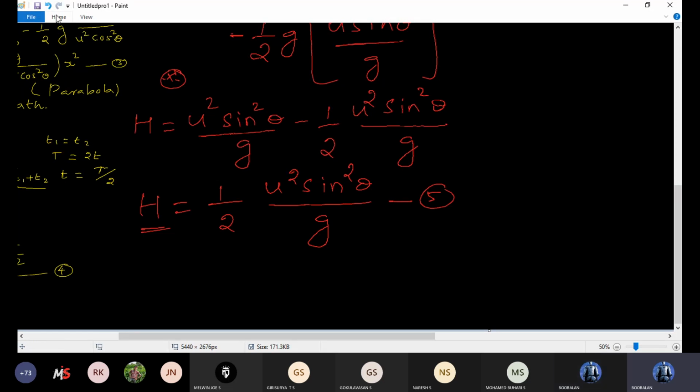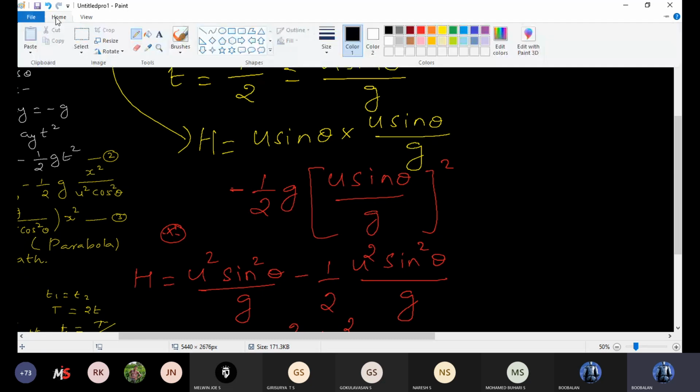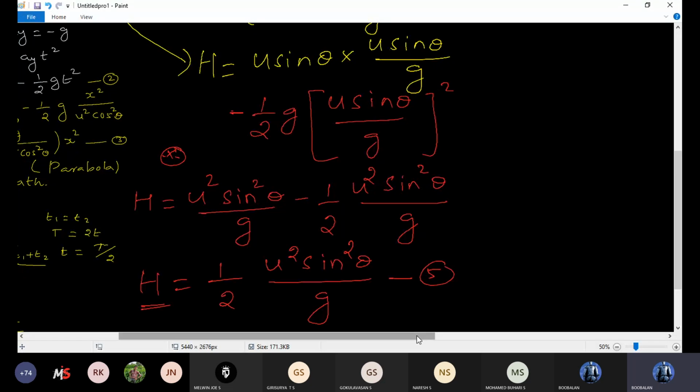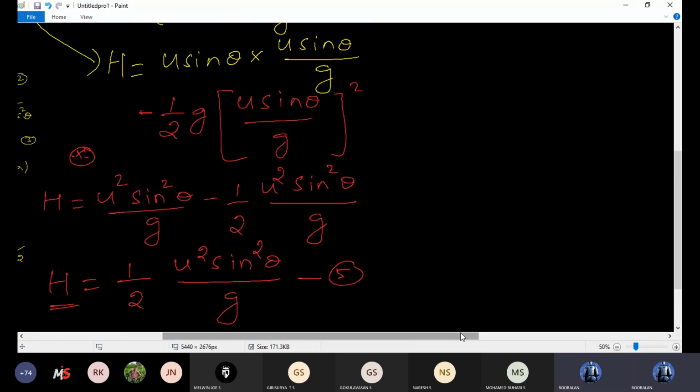Here, u square sin square theta divided by g, 1 minus 1 by 2.